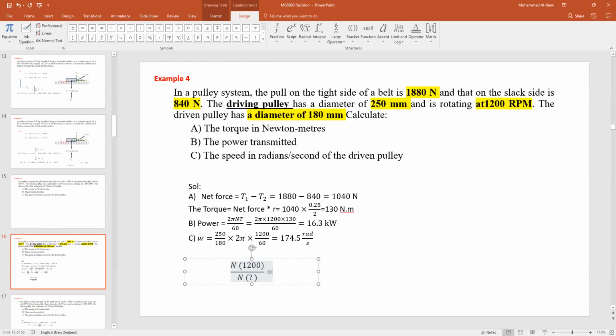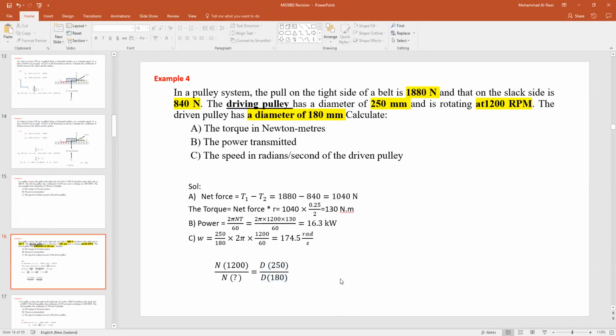Equals to the diameter of 250 millimeters divided by the diameter of 180 millimeters. This is a ratio. If you multiply using the cross method, you will get the answer.